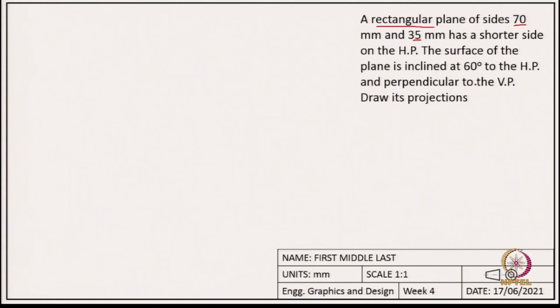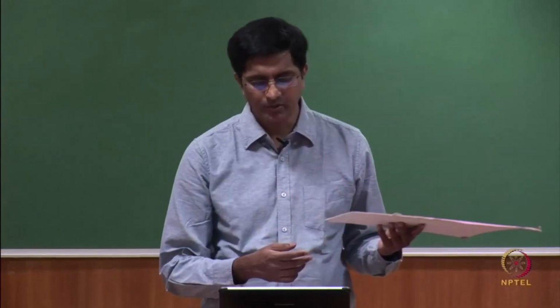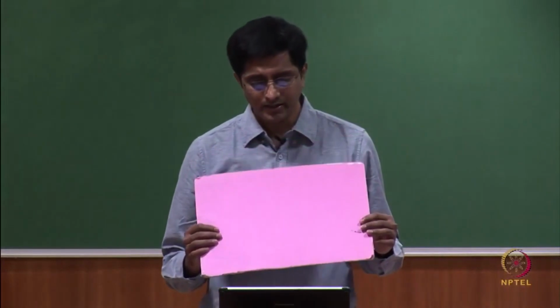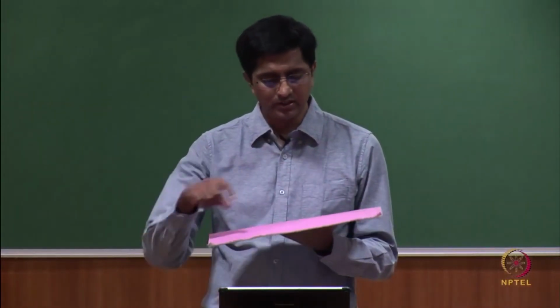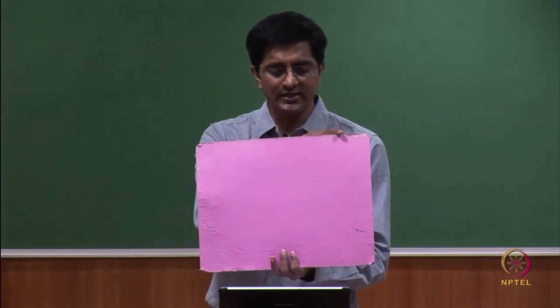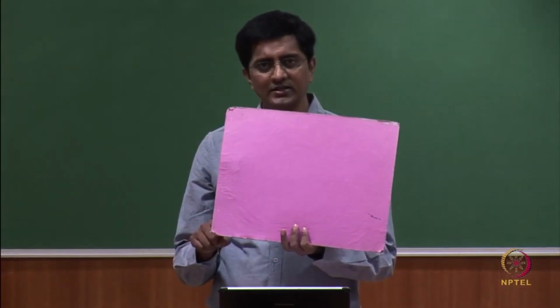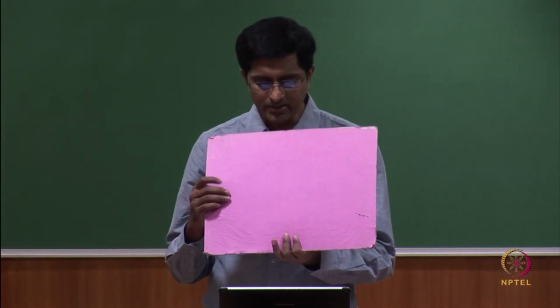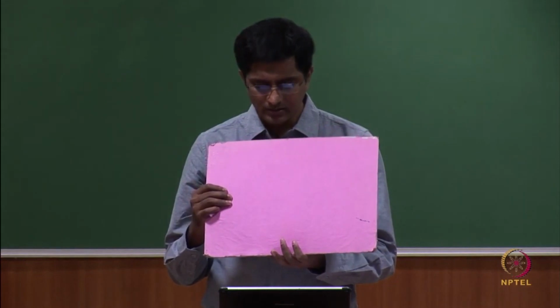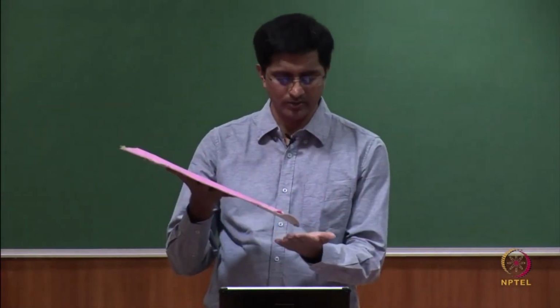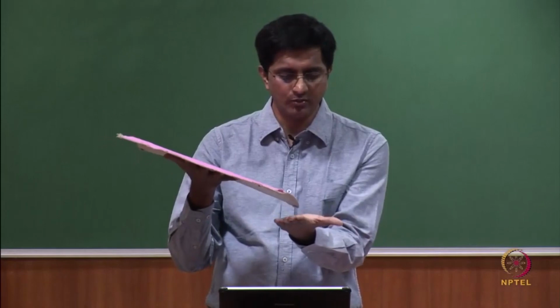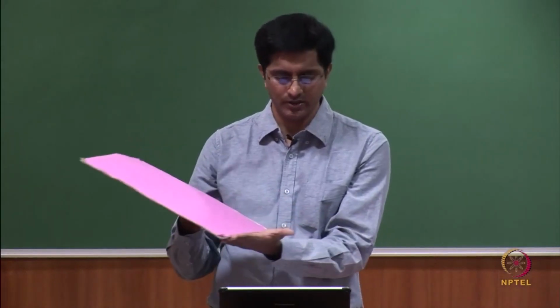First, one needs to visualize how this plane looks. So, let us take the help of this rectangular plane and try to visualize. We said that the longer side is 70 and the shorter side is 35. Now, it says that the shorter side is on the horizontal plane. So, let us say this is the horizontal plane and it is resting on it.